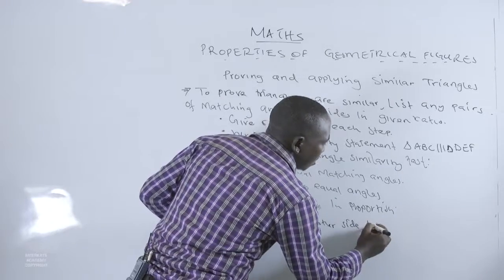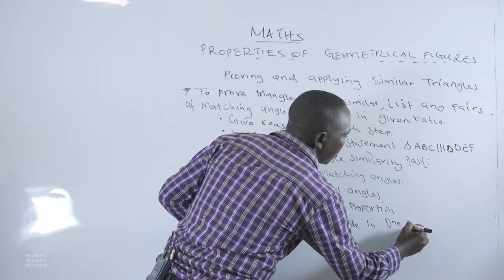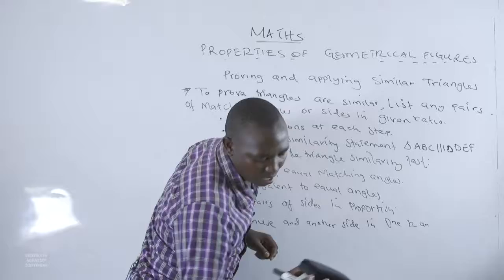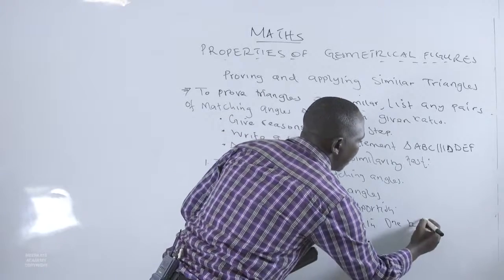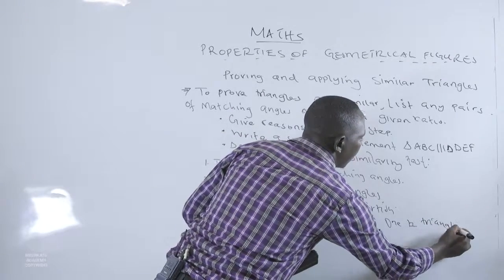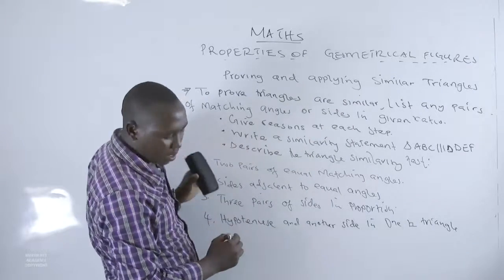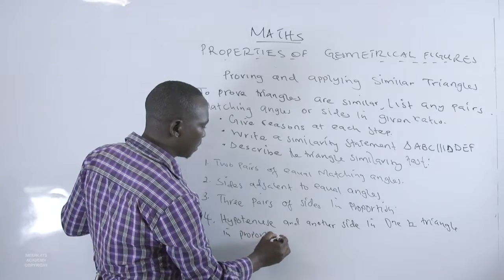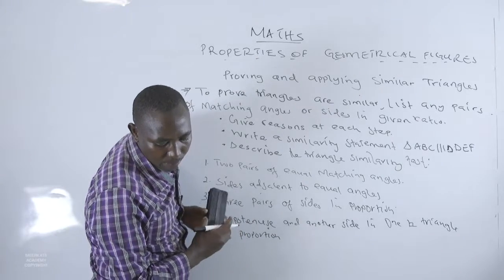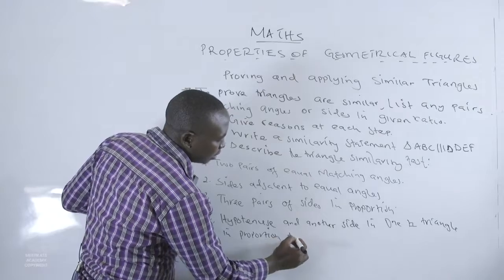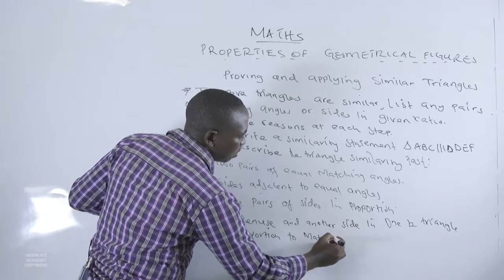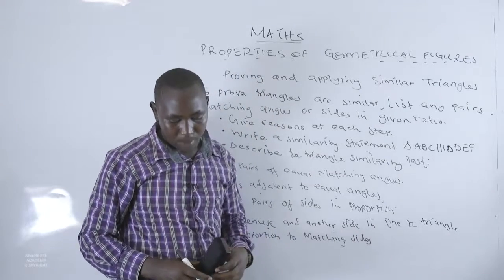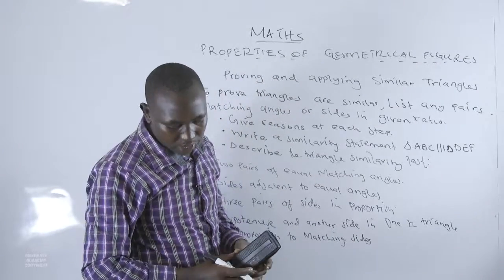In one right angled triangle, in proportion to the matching sides in another.